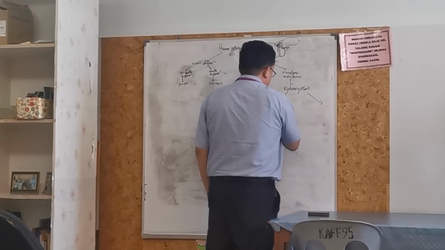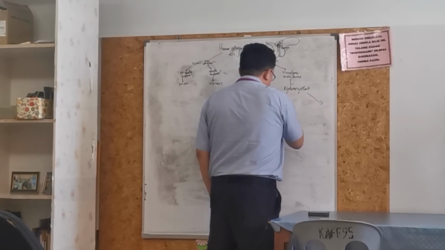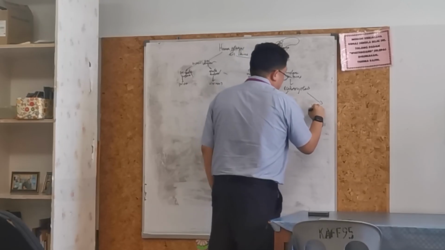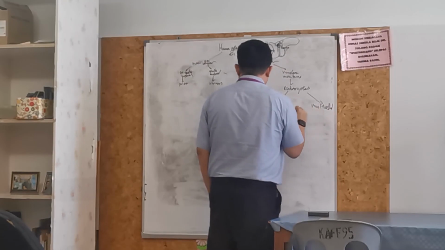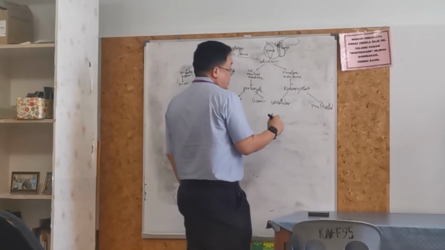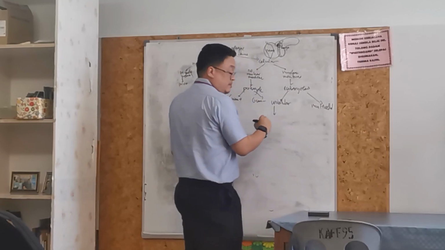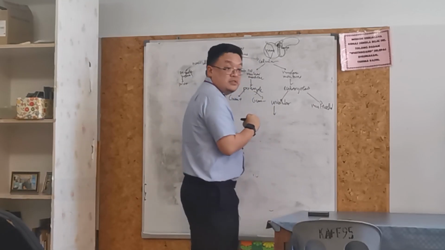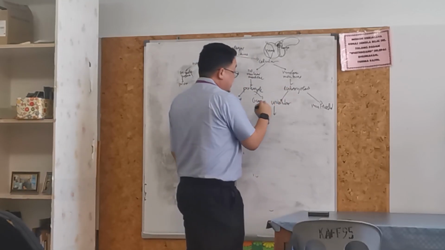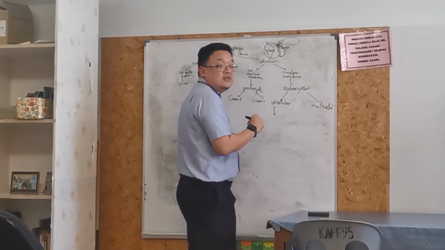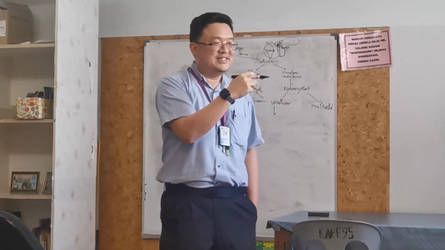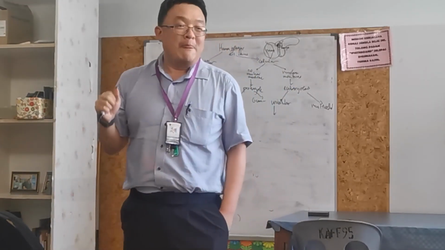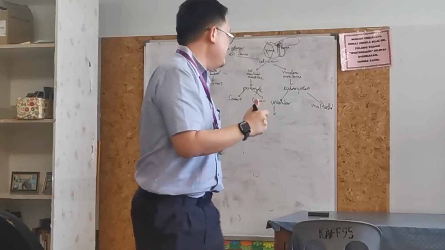For the eukaryotes, we have unicellular and we have multicellular. The unicellular eukaryotes are the protozoa.